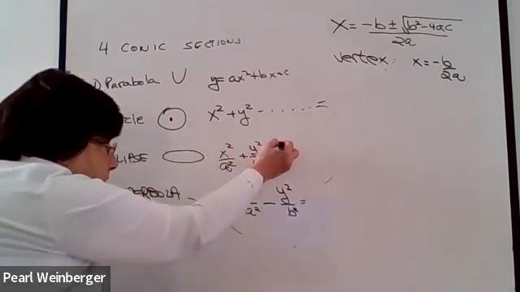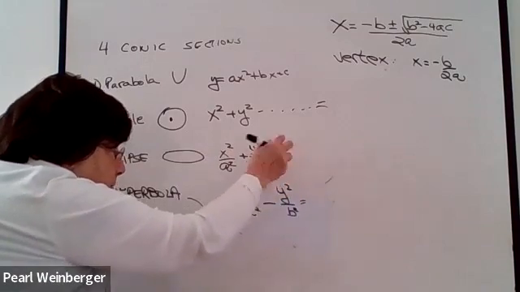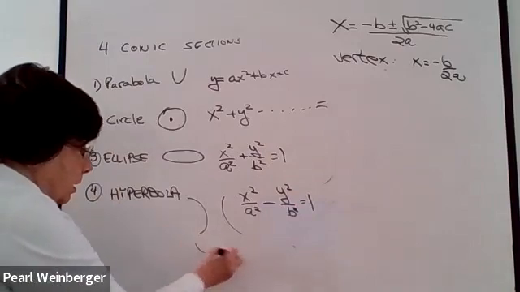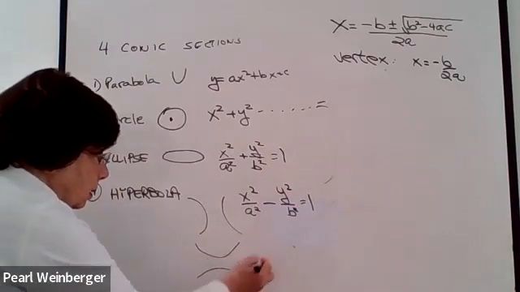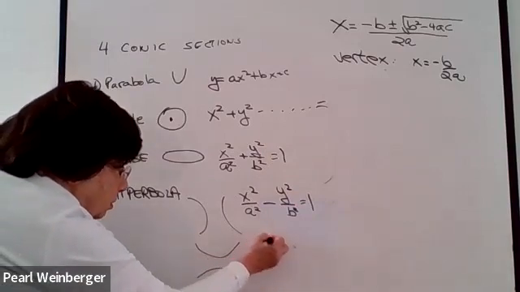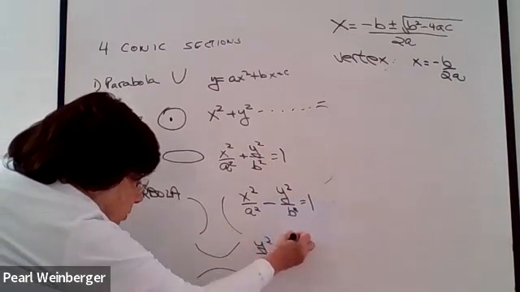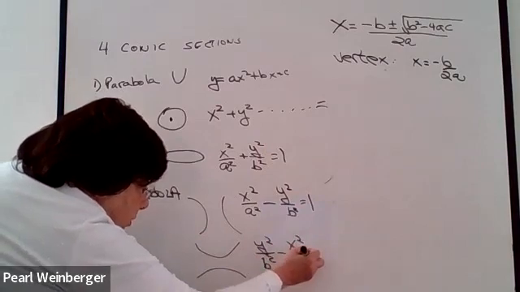Well, then really, this is equal to 1. And this way, it'll be the y squared over the b squared minus the x squared over the a squared equals 1.